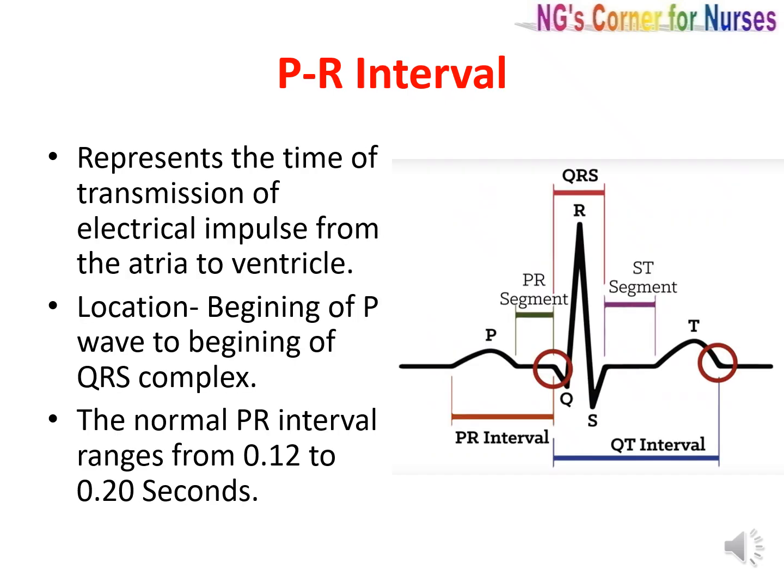Next, coming to PR interval. PR interval represents the time of transmission of electrical impulse from the atria to the ventricle. The location is beginning of P wave to beginning of QRS complex. The normal PR interval ranges from 0.12 to 0.20 seconds.